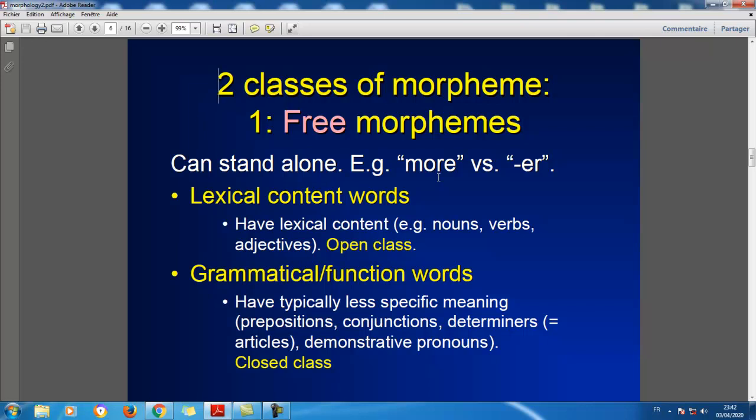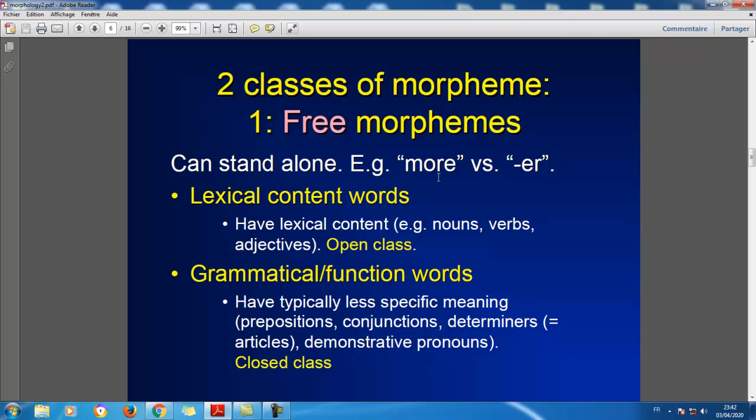Now, if we want to say that somebody is better as far as intelligence is concerned, here we have to make use of the adjective intelligent. Now we can say A is more intelligent than B. So here we have got to make use of more. But in other cases we don't use more, but we use er.